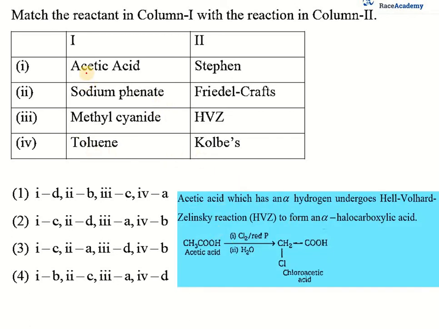So on comparing all these things, acetic acid with HVZ reaction is 1C. We have 1C in the second and third options, but sodium phenate gives Kolbe reaction, meaning 3D. So the third option is the right option for this. And the fourth one, toluene, is giving Friedel-Crafts reaction.